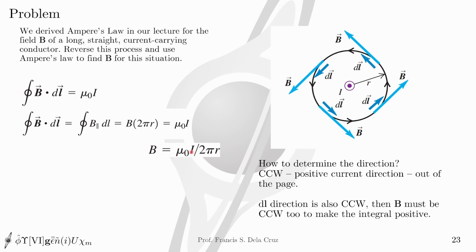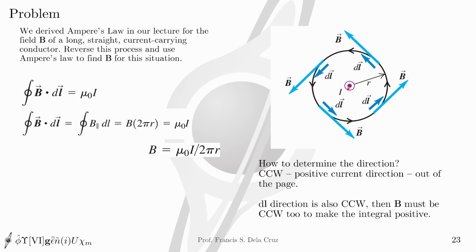But now we have this magnetic field. Now we only have the magnitude. How do we determine the direction? Take note, class, that if we do this orientation, dl and B are parallel to each other. I mean, the path is parallel to the known direction of the magnetic field using, of course, the right-hand rule. We know that this orientation will tell us that the current is in a positive direction.